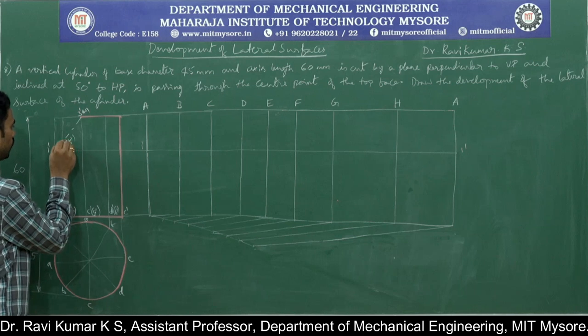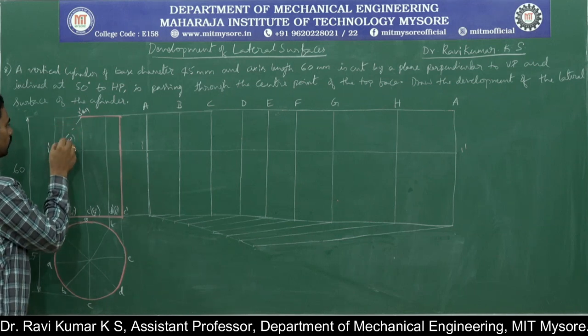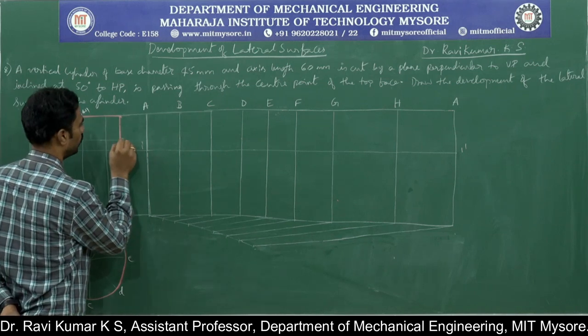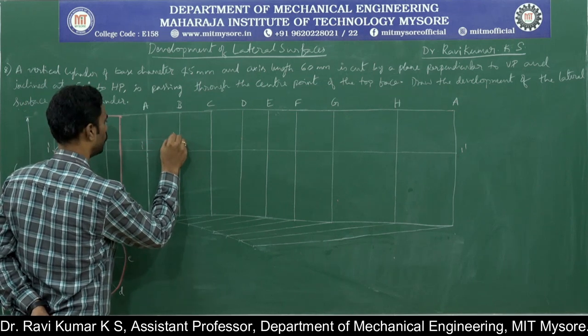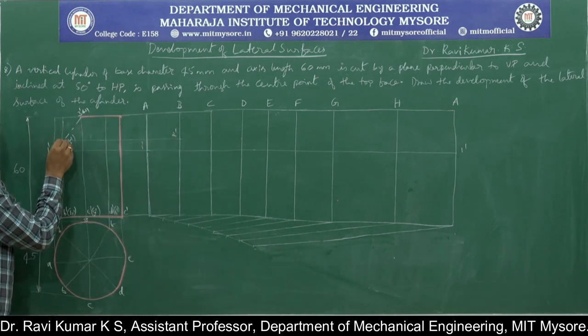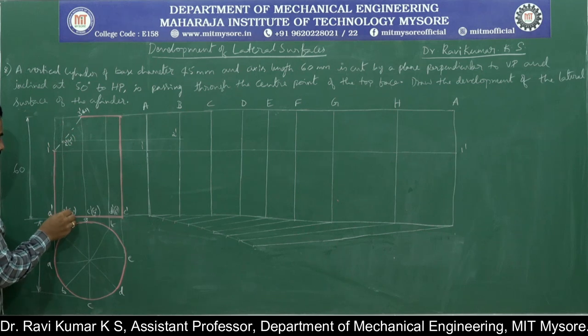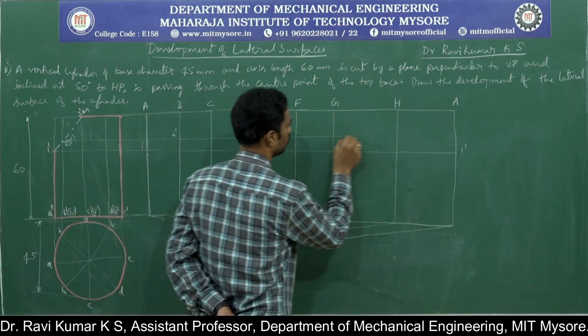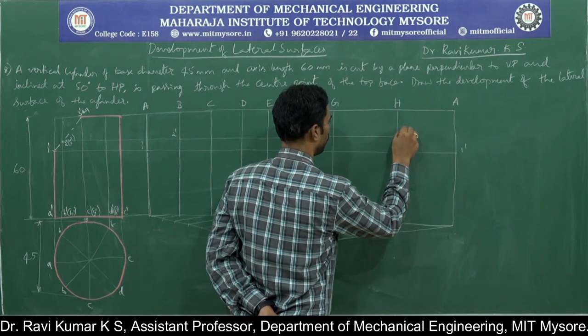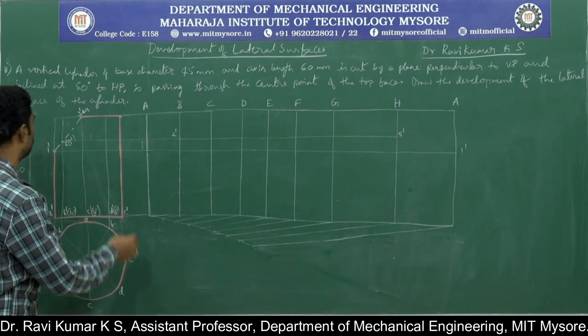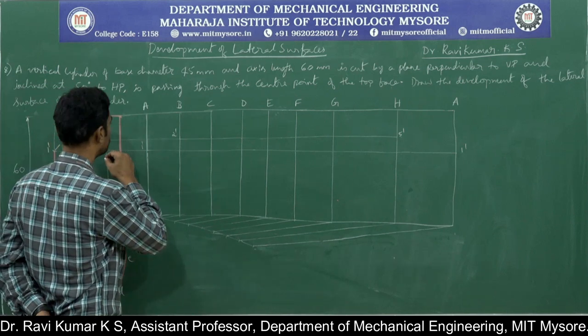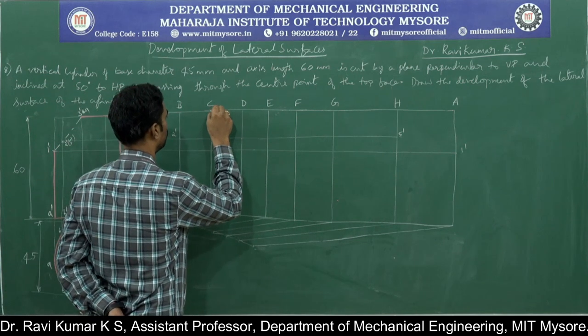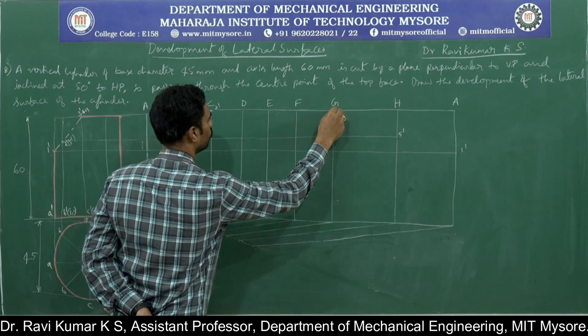Similarly, 2 dash is the point where the section plane cuts the lateral edge B. This is 2 dash. Similarly, at the same point, the section plane cuts the lateral edge H. So transfer this distance to H also. This is 5 dash. And this is 3 dash, which is C and G. This is 3 dash. And this is 4 dash.